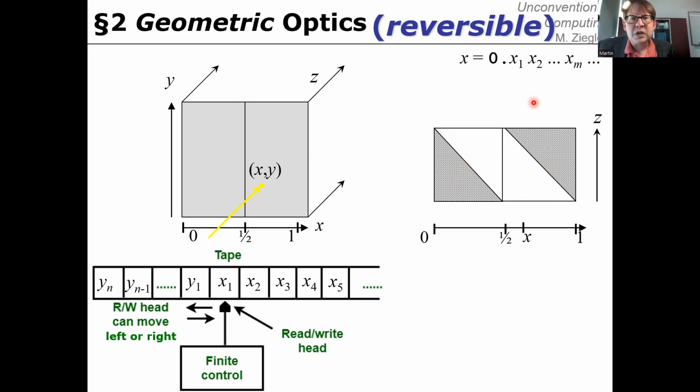So we have two mirrors, and if the light ray enters at an x-coordinate, this is the z direction, x-coordinate greater than 1/2, then it leaves at an x-coordinate x minus 1/2. So it's basically subtracting 1/2, which corresponds to flipping the bit. If this bit was a 1, then upon leaving, x prime, this bit becomes 0.